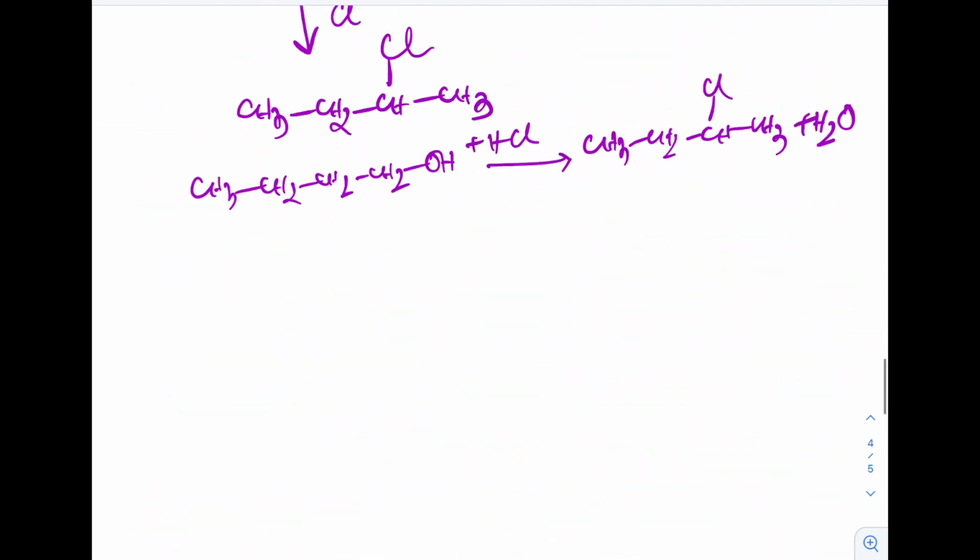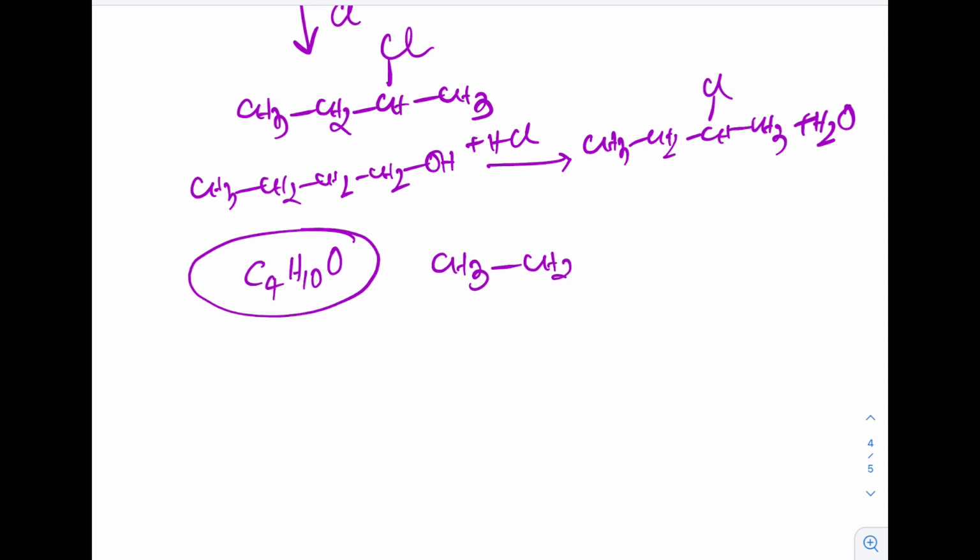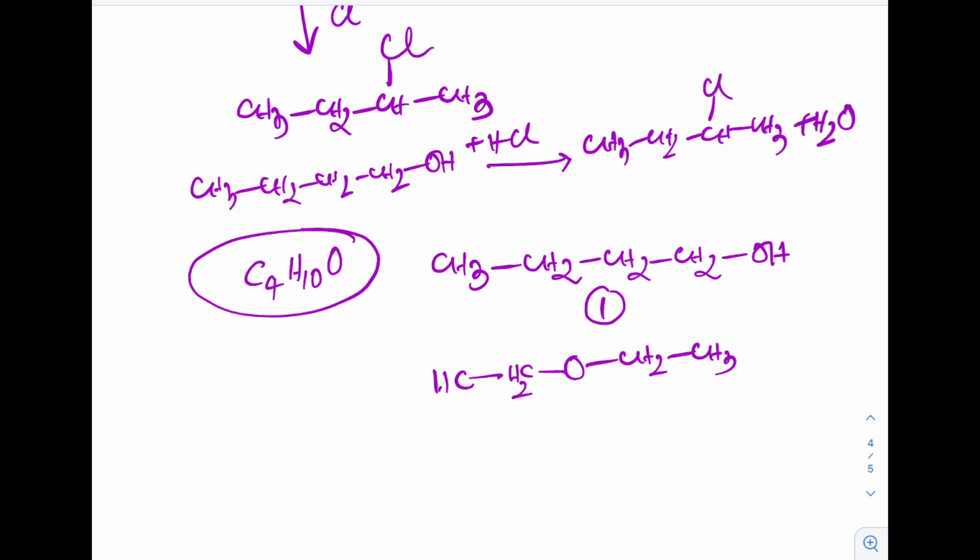C4H10O, different types of isomerism can be shown by it, but the most common we can think of in this way: CH3... these two isomers have different functional groups. Here is the alcoholic functional group, there it is an ether. So these two are functional group isomers of each other.